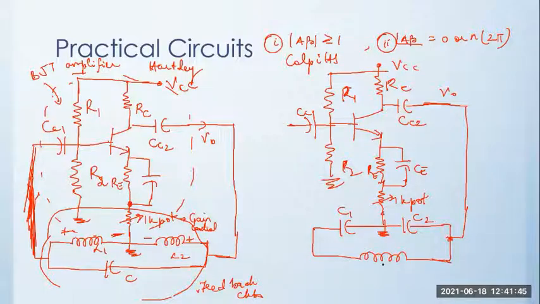So this C1, C2 and L constitute the feedback circuit. This part, the transistor part with all its resistors and capacitors, is the amplifier circuit. And whatever voltage you get across C1 will be coming as positive feedback to the input side of the amplifier. So the feedback voltage will be coming as the input voltage. This is the circuit of the Colpitts oscillator.